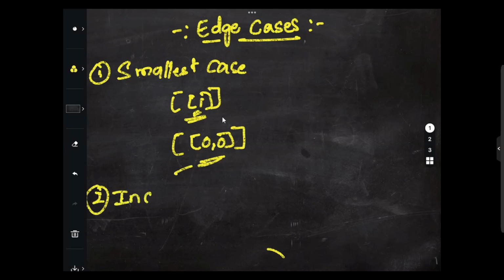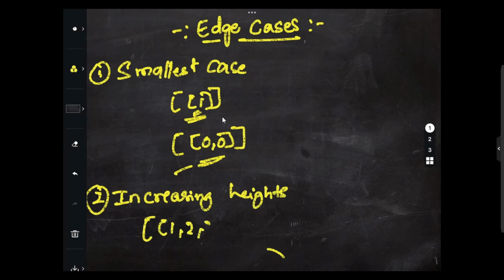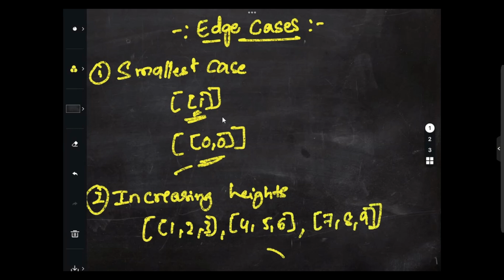Second one, increasing heights. So here, for the input, let me consider 1, 2, 3, 4, 5, 6, and 7, 8, 9. This is fine. So the output will be all the border cells. Border cells, as in the example that we have considered, the bottom right, top right and bottom left will always flow into the Pacific and Atlantic Ocean.